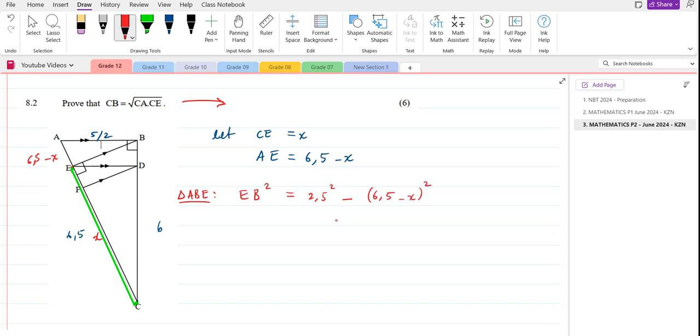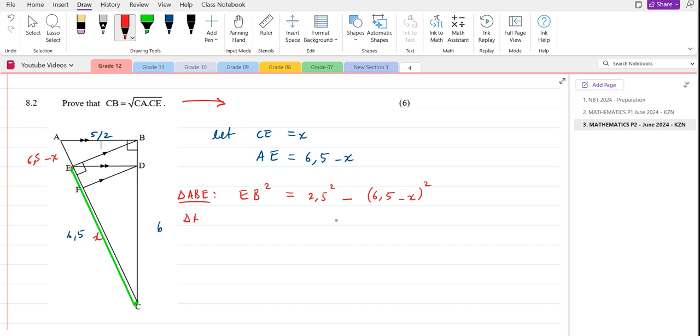That's what EB squared is. I can also write EB in terms of this triangle over here, which is BCE.